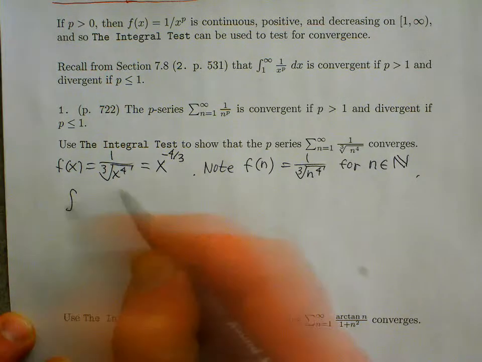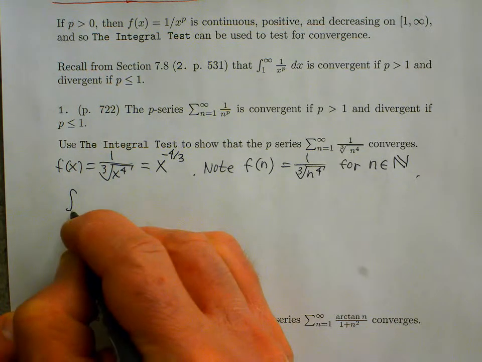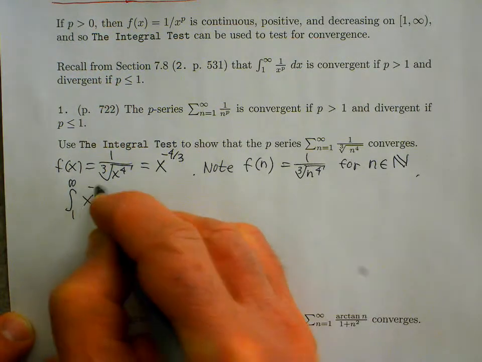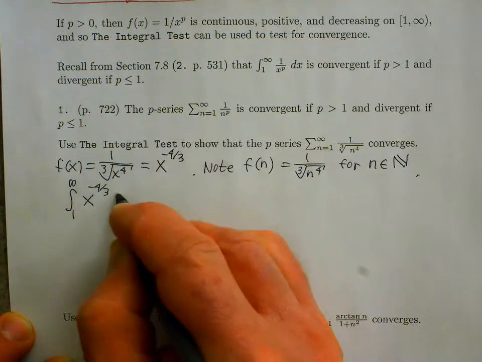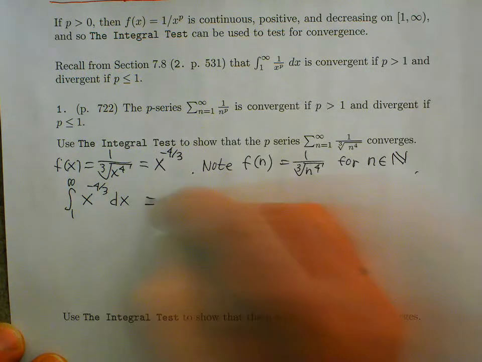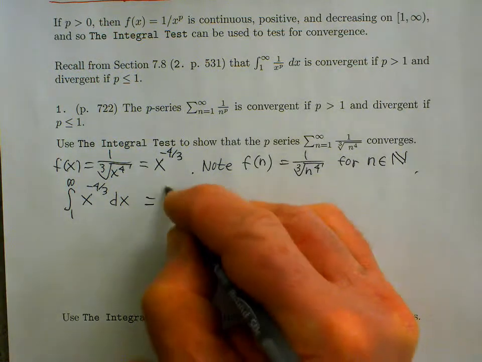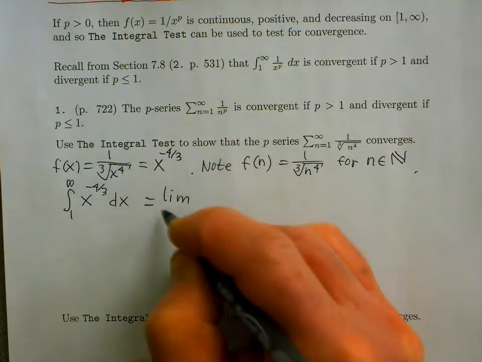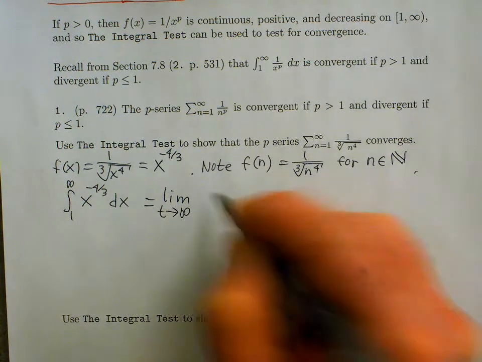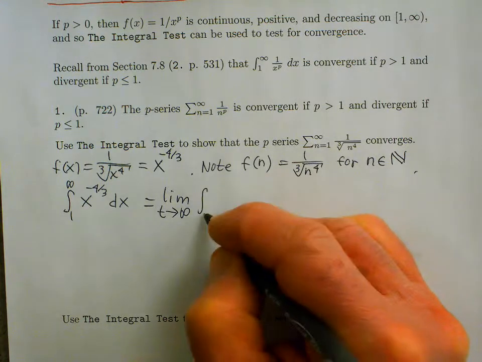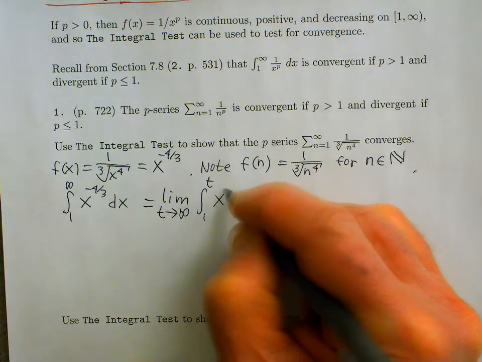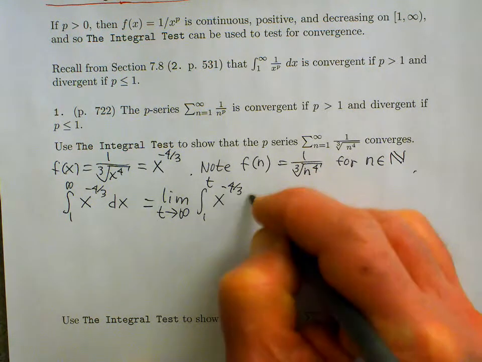Okay, so we compute the improper integral from 1 to infinity of x to the negative 4/3 dx. But we write this as a limit. I'll use the variable t as the limit as t approaches infinity of the definite integral from 1 to t of x to the negative 4/3 dx.